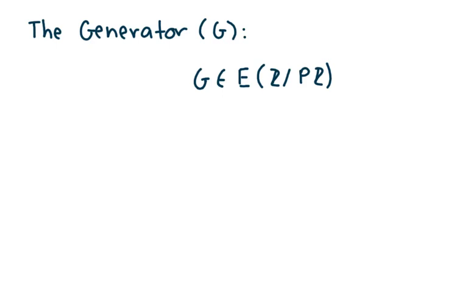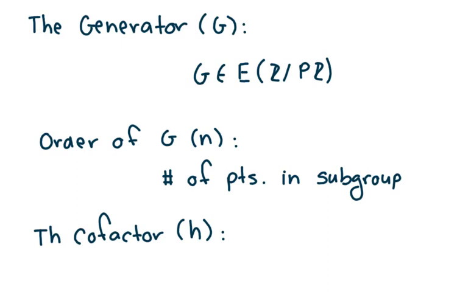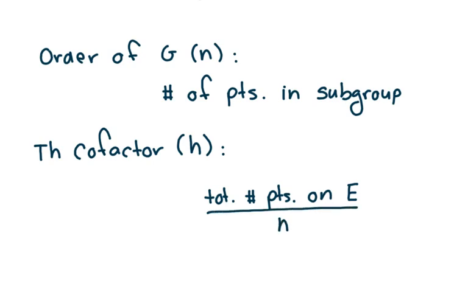And you can just keep on adding G to itself until you've eventually computed all of the coordinates in the subgroup. The order of G, denoted n, is equivalent to the number of points in the cyclic subgroup. And in turn, the cofactor, denoted h, is equivalent to the total number of points on the elliptic curve E divided by the number of points in the subgroup, so divided by n, or the order of G.